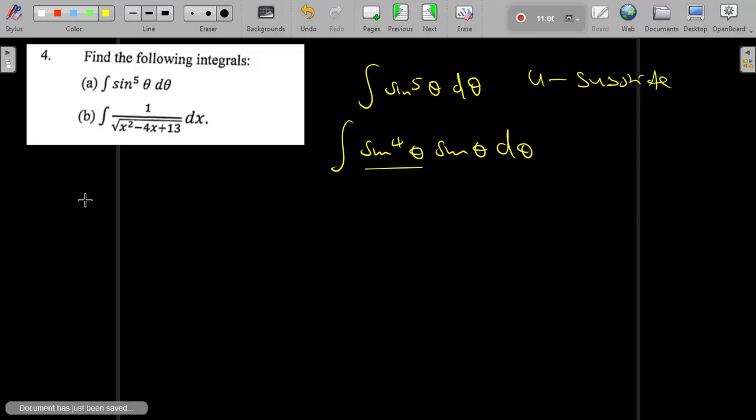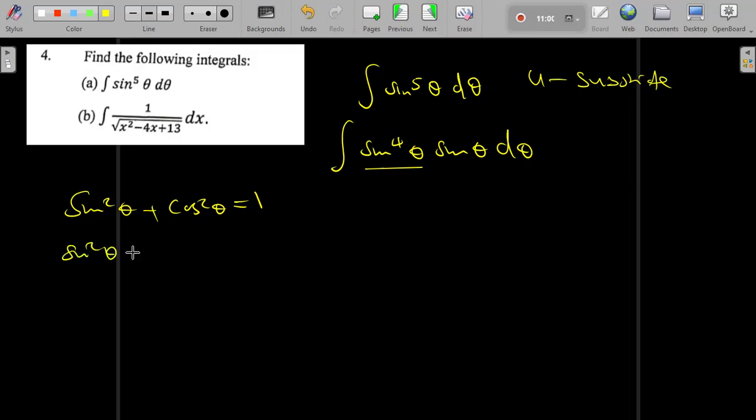So remember that sine squared theta plus cos squared theta is equal to 1. If I make sine squared the subject, I have sine squared theta is equal to 1 minus cos squared theta. So this is what I get.